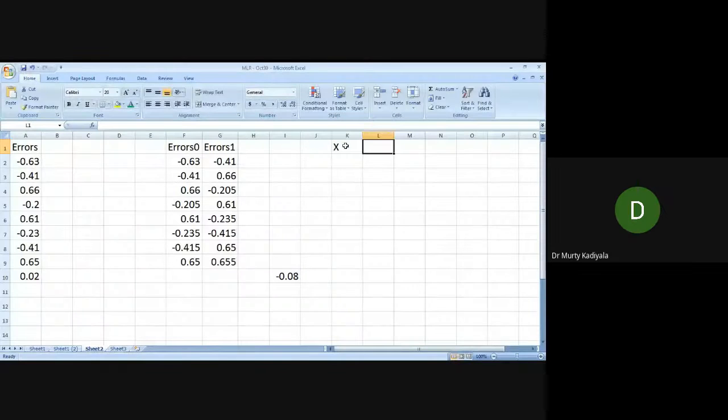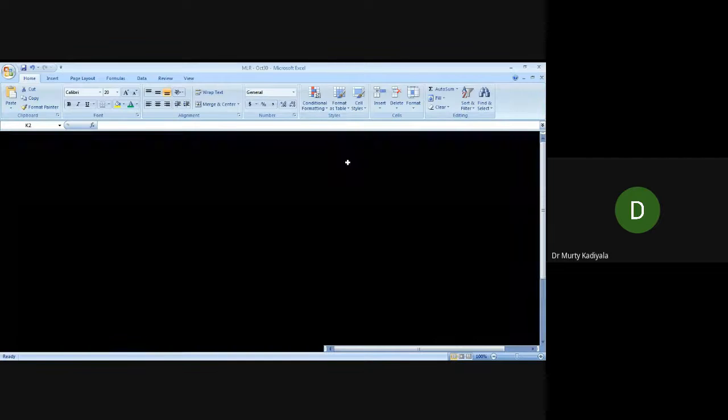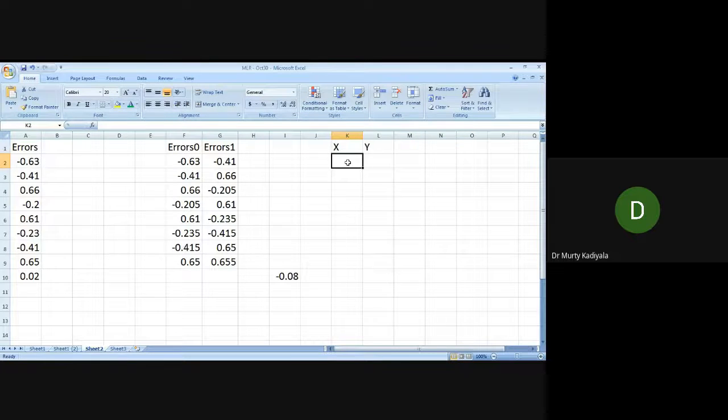See, this is the X value and this is the Y value. Now tell me randomly some numbers, X values, single digit or maximum up to 15.